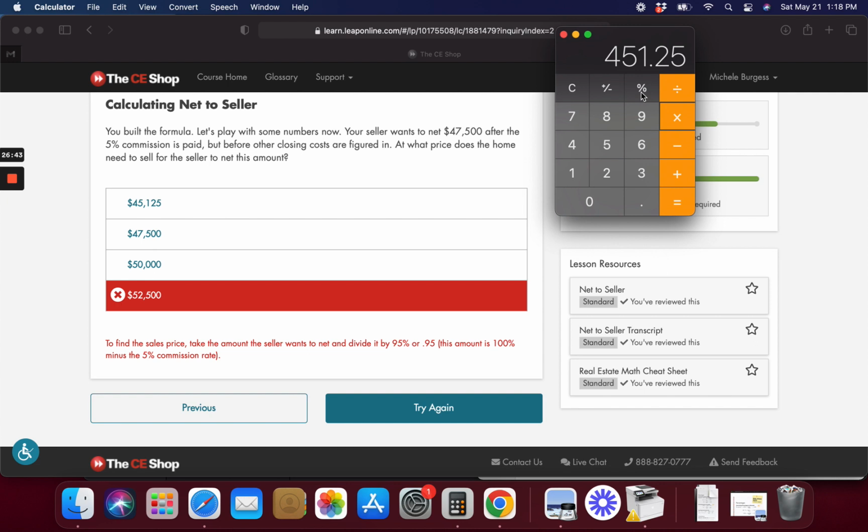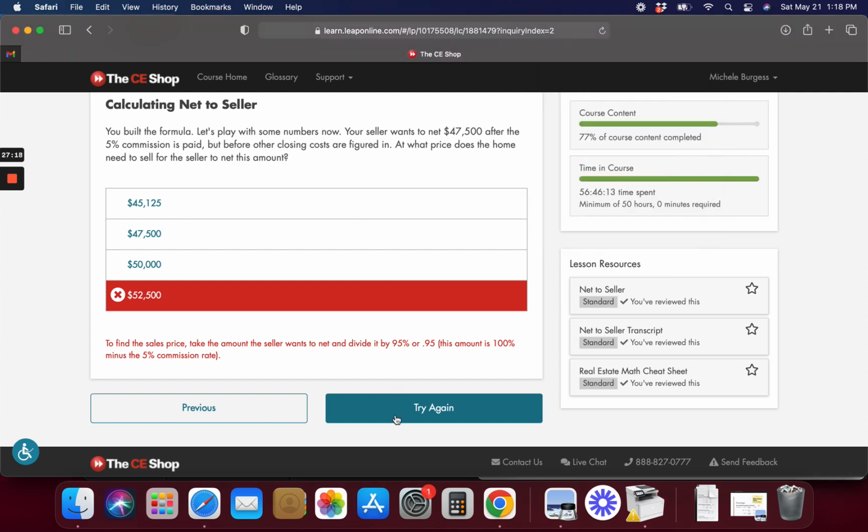All right, so what is this? The amount the seller wants to net? That can't be right. That's what it's saying it is, though. 47,500 times 95. It's 45,125. Okay, let's try it again.